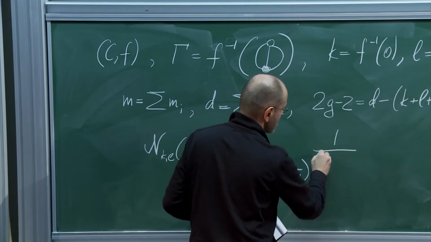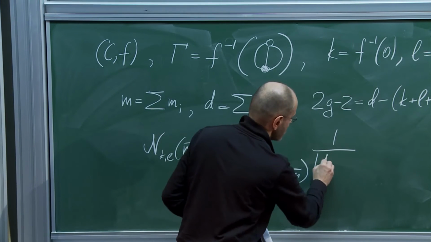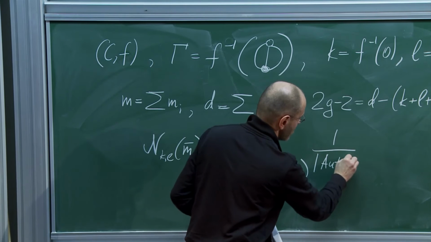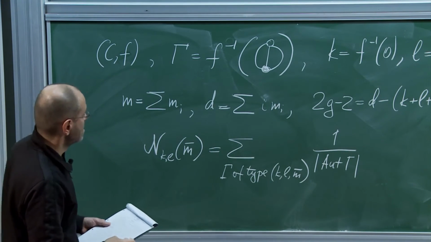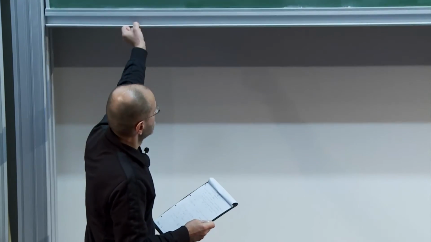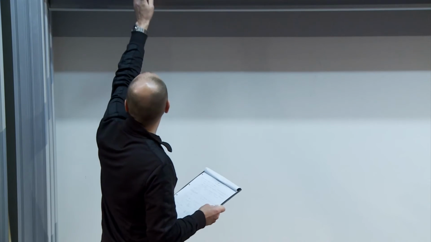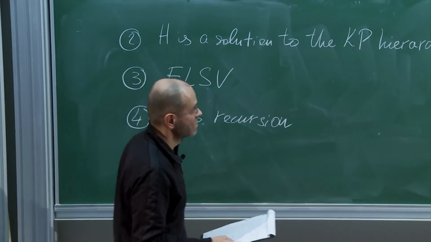The graphs are counted with weights that are the orders of the corresponding automorphism groups. So we have such numbers, and we can form a generating function.